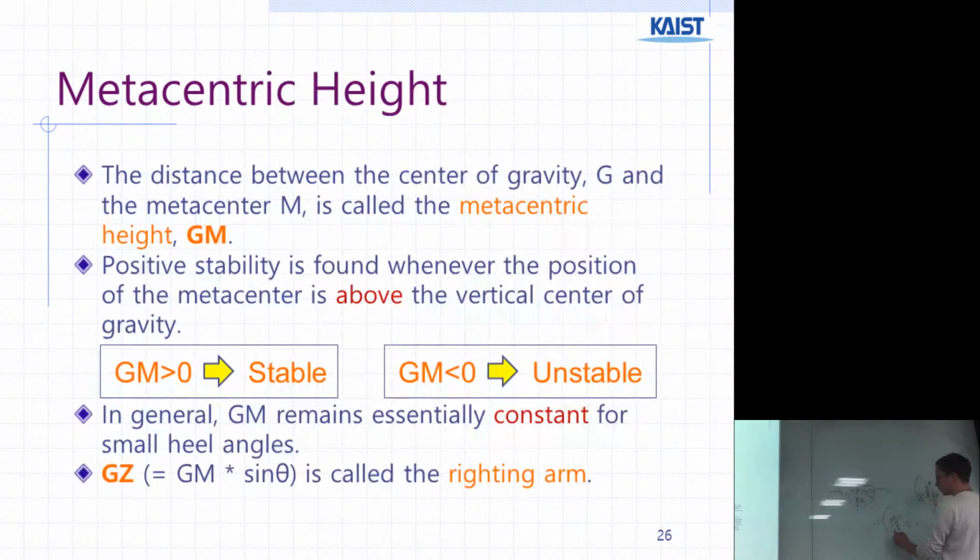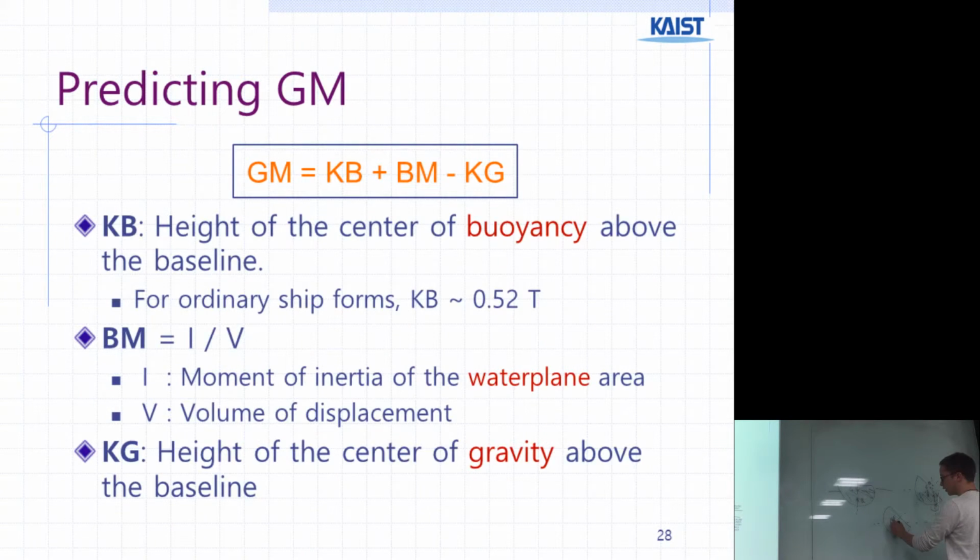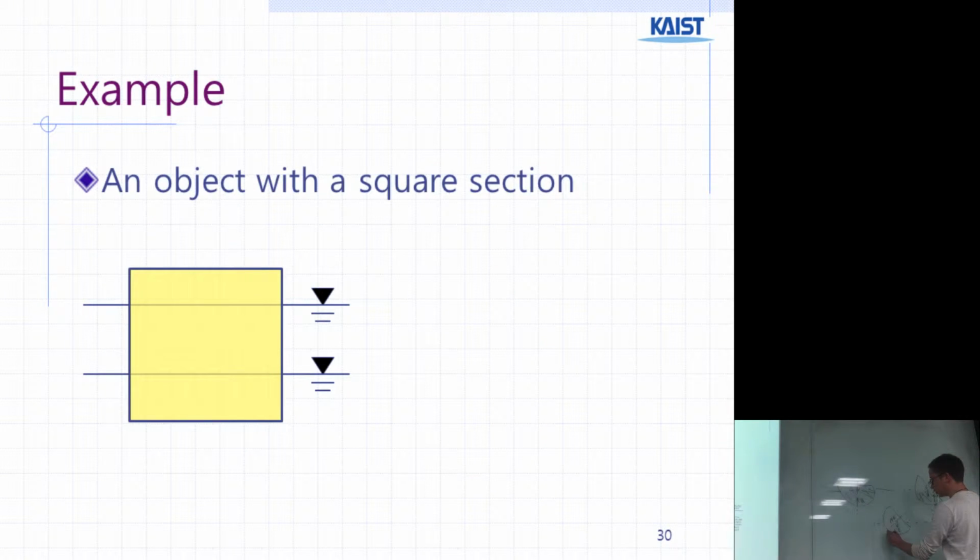Because M is underneath G, the ship is going to rotate in the opposite direction. The moment the ship has a slight disturbance, it's going to rotate backwards, fall into the water and simply capsize. That's why determining G for ships is very important.